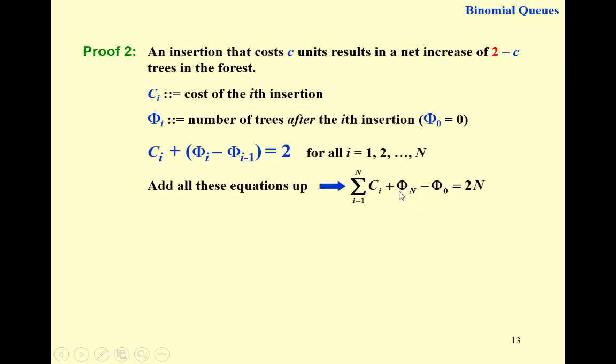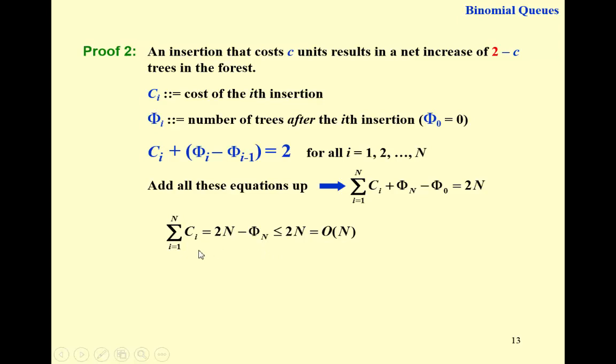It doesn't matter what this one is. We just know that it's a positive number. That's good enough. So the actual cost plus some positive number must be equal to, when we sum up for n terms, 2n.